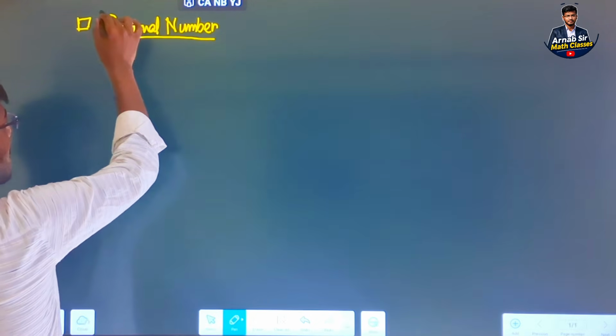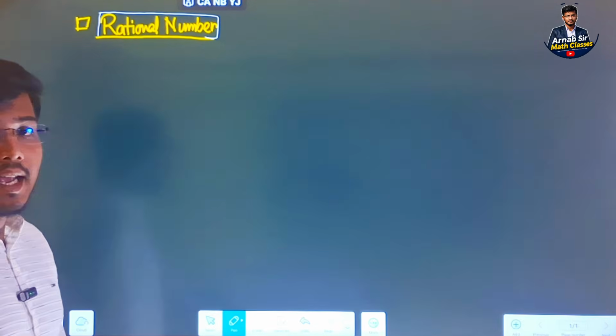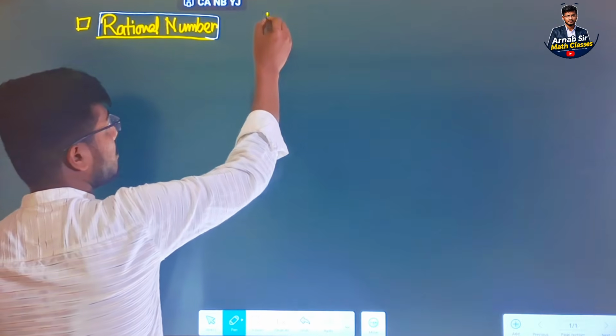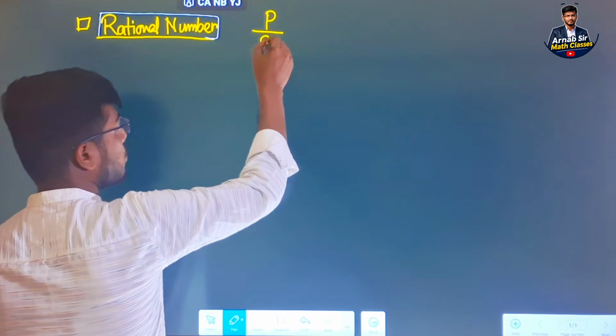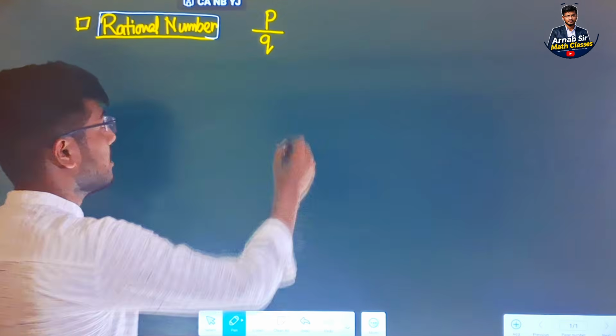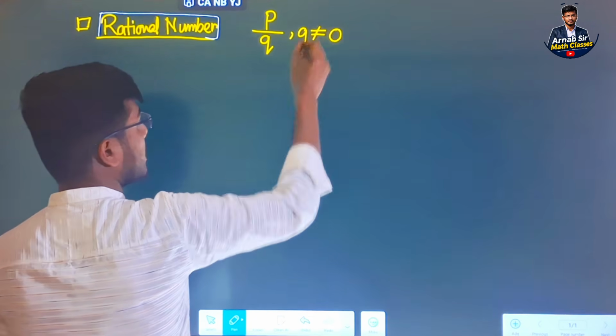At first, you have to understand the definition of a rational number. It is a number which can be represented in the form of p by q, where q is not equal to 0.